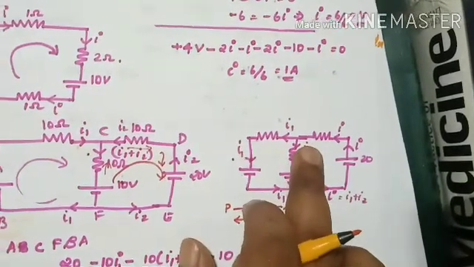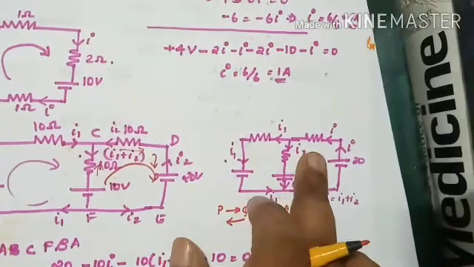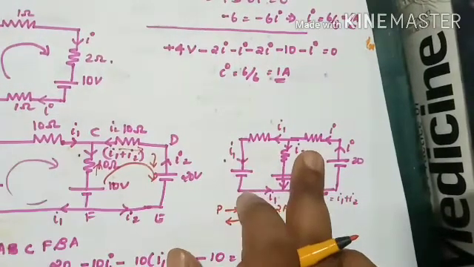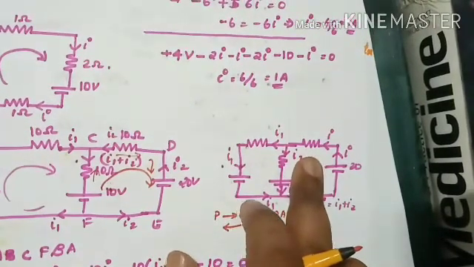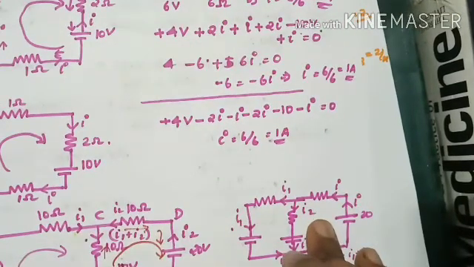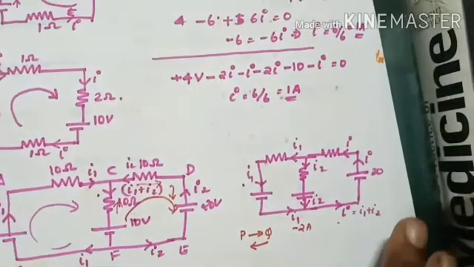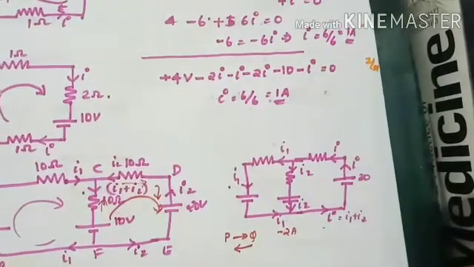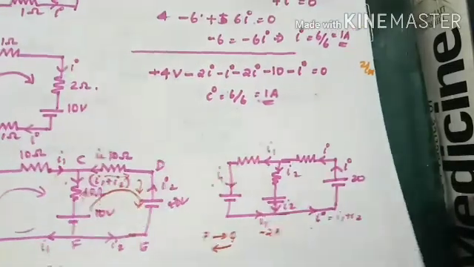You should get them. If you are not getting them, there is some calculation mistake. Clear? Later in the next section we will do a little bit more complicated stuff, but by this time you would have understood how to solve this type of KVL or KCL complicated circuits. Clear?